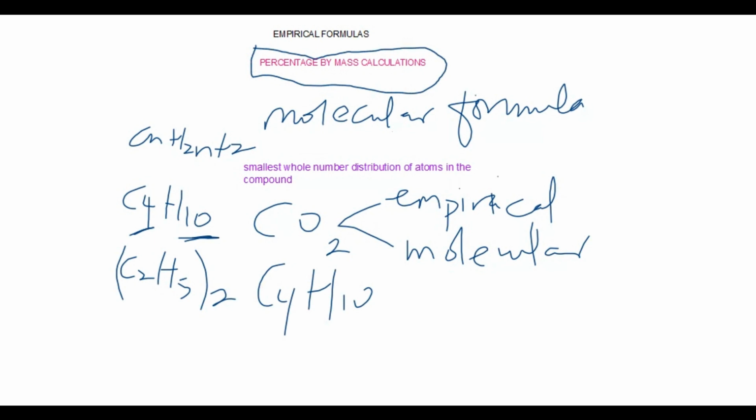So for instance, let me use CO2. In CO2 we have carbon and we have oxygen. Carbon has a relative atomic mass of 12. That of oxygen is 16.